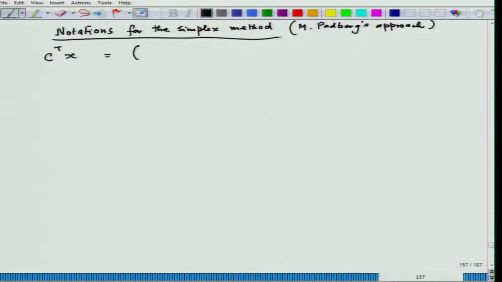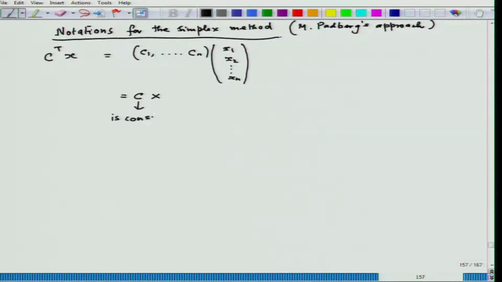When you write C transpose X, basically what you are writing is C1 x1 and so on. I can write this also as Cx, if I take C as a row vector.